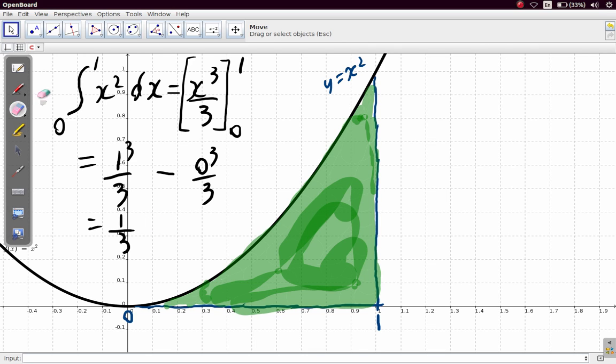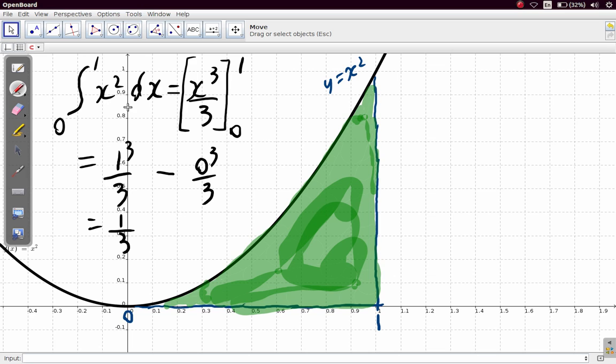The answer here is 1/3. The answer is 1/3. This is an accurate value for the area, the shaded area here. Perfectly accurate value.